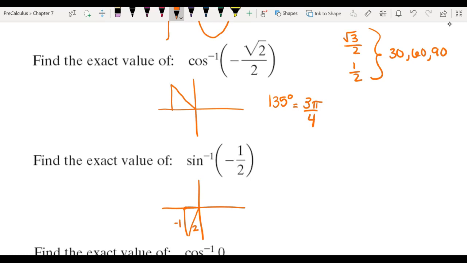So how many degrees is this? Well, I have these drawn wrong, don't I? It should be like this, right? It's a 30. So it should be 210 degrees, right? And then for 210, what I would do is 210 times pi over 180. Okay? Which is 7 pi over 6.